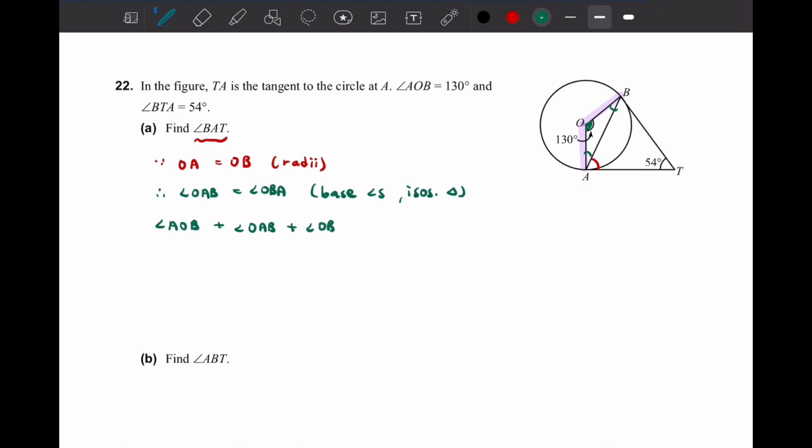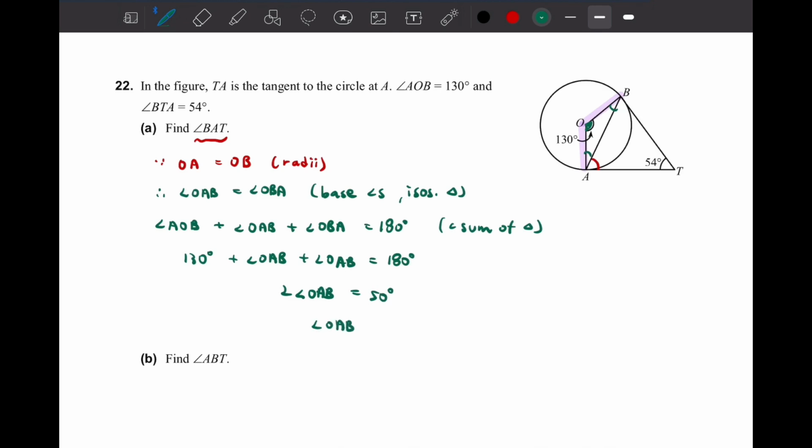So angle AOB adding OAB equals 180. Angle sum of triangle. So 130 adding your angle OAB, and this one is OAB as well because they are the same, so it doesn't really matter which one you write. So 2 of the angle OAB is equals to 50, so angle OAB is equals to 25 degree.